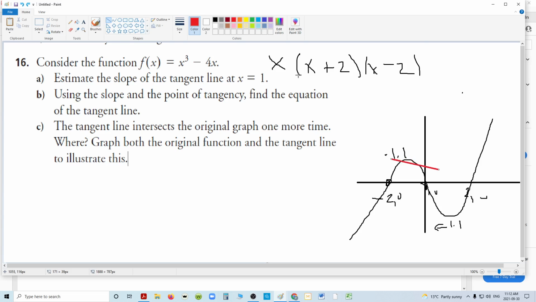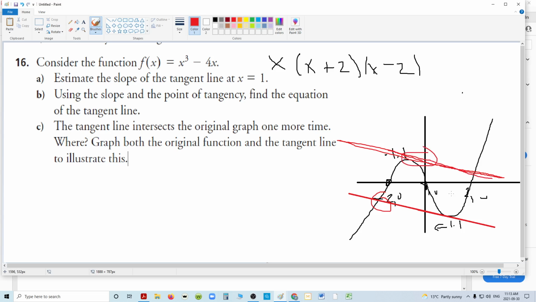So here's the tangent line when x is equal to 1. Not only does it intersect the graph later on, right about there, but it also has the same slope right here, a parallel tangent line.